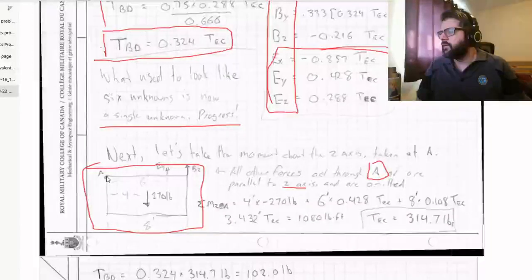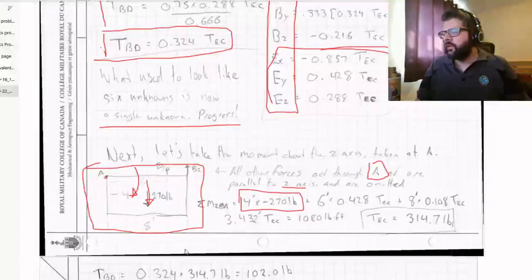So the sum of our moments about A: we've got 4 feet times our weight, and that's going to cause a clockwise rotation, so it's going to be a negative moment.